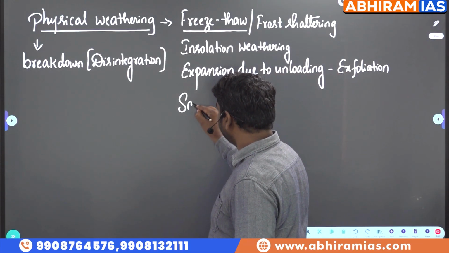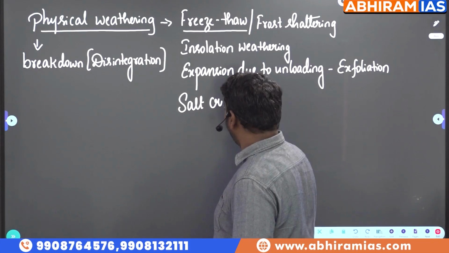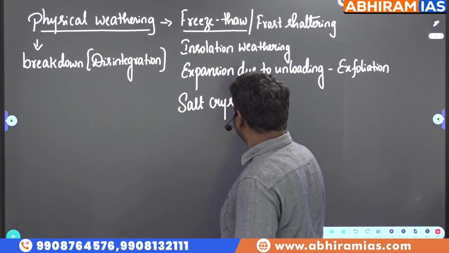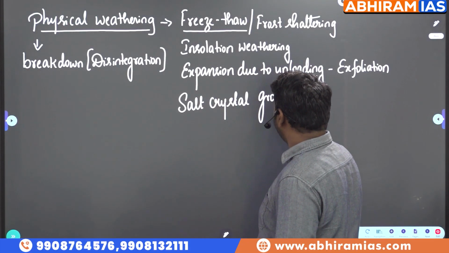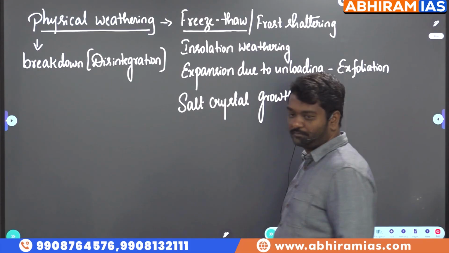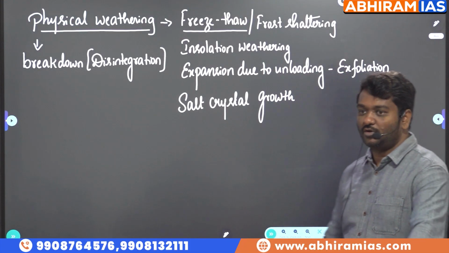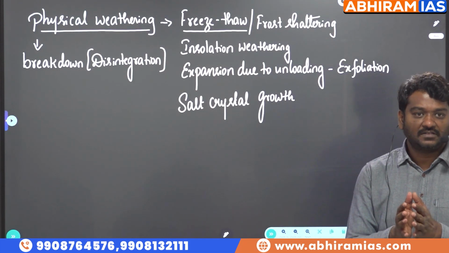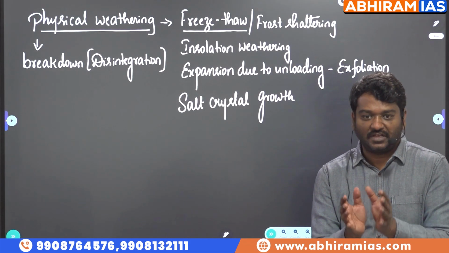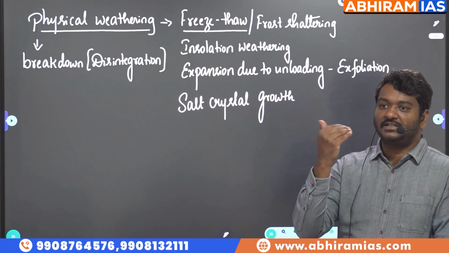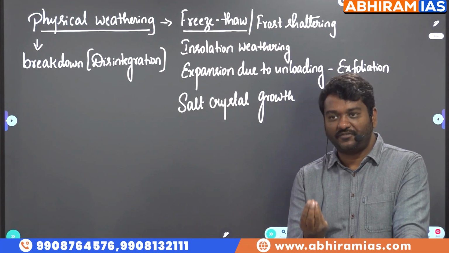All this is right. Everyone understands. But the last one, this is important, guys. This was asked. Salt crystal growth. Everyone listen. What is salt crystal growth? In coastal areas, salt water accumulates in the rocks. Water gets evaporated. Salts are left behind.